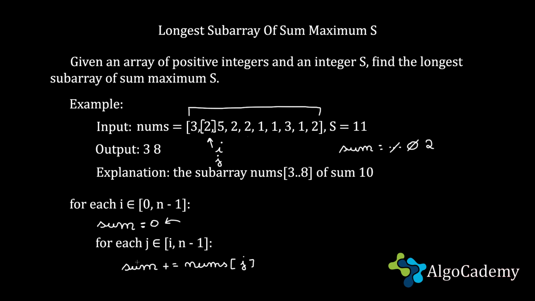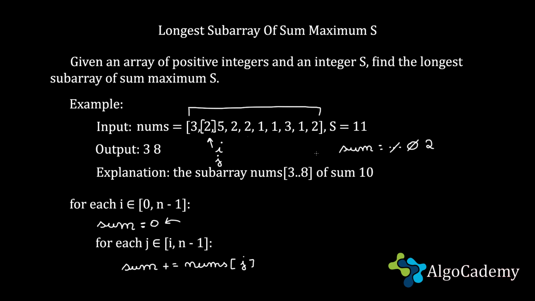When we are still inside this for loop, we take an extra element, the next element, into our current subarray, and increase it to the sum. But when we reset that subarray and start again from the next left endpoint, we also reset the sum, and for each j increase it again, right?